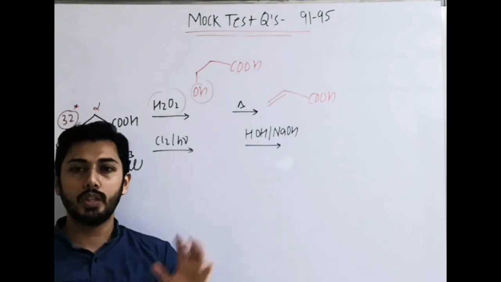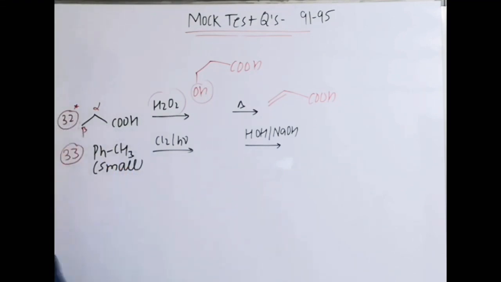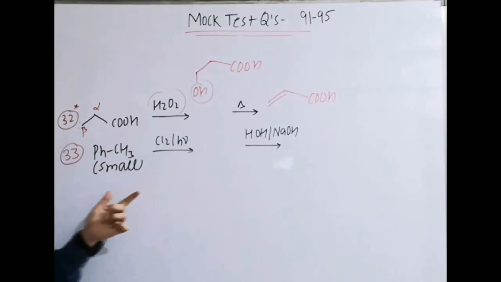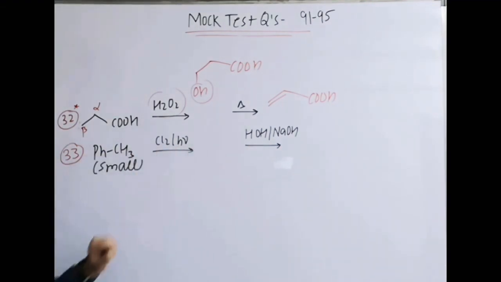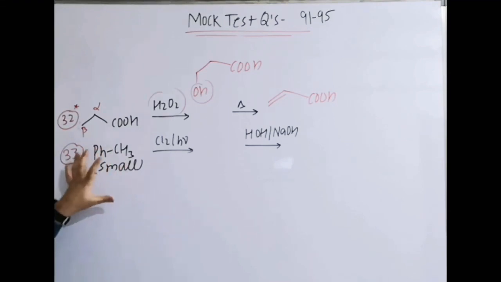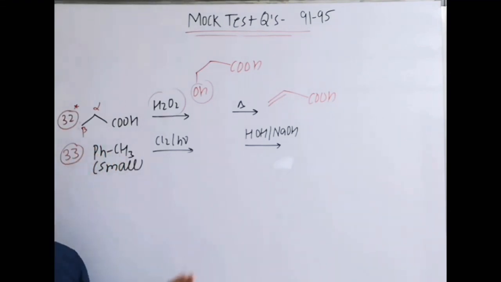We are trying that mostly we can cover what is given in the mock test questions. The next question is a little bit good also. Toluene, Cl2, new product formed, HOH, NaOH. That is the way it is written in the app, and here it is written small. So what we can interpret is that small means it is lesser in amount.